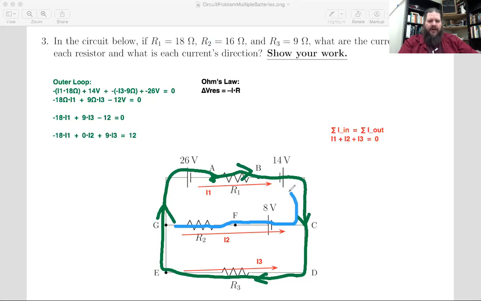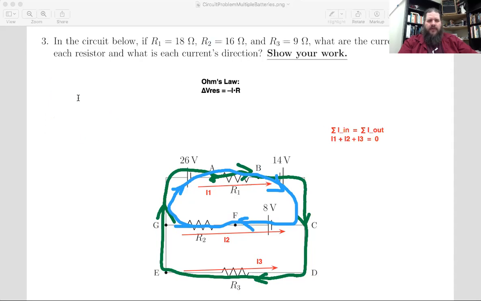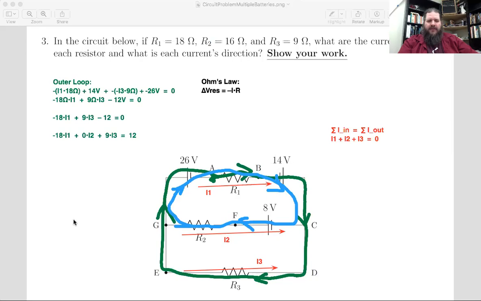Okay, so using the upper loop, and let's say we also use clockwise. In that case, we're passing through some of the same stuff. We can actually reuse some of this because we're still passing through the 26-volt battery backwards and resistor 1 and the 14-volt battery forwards. So we can reuse that part of the equation. What's the only difference going to be?